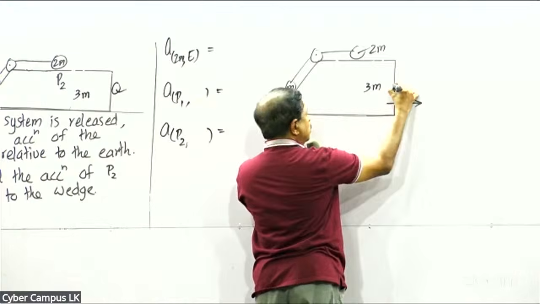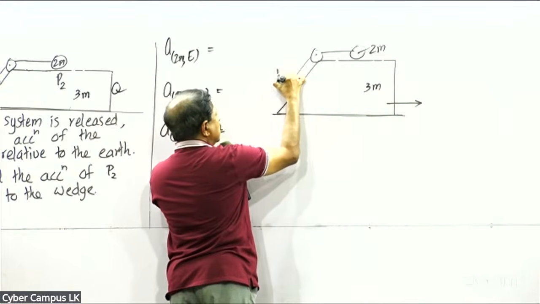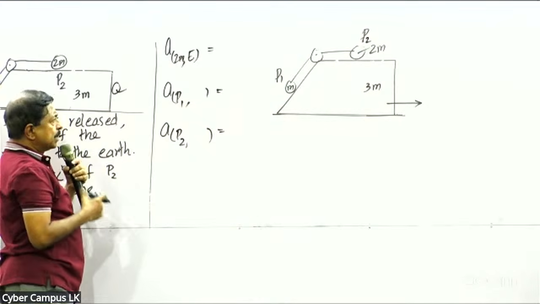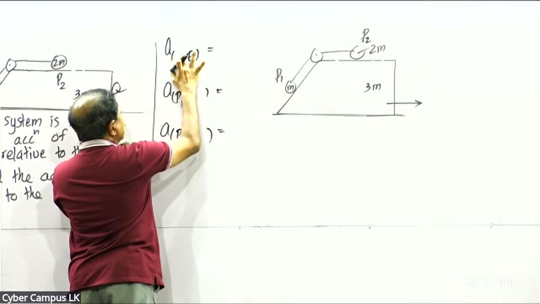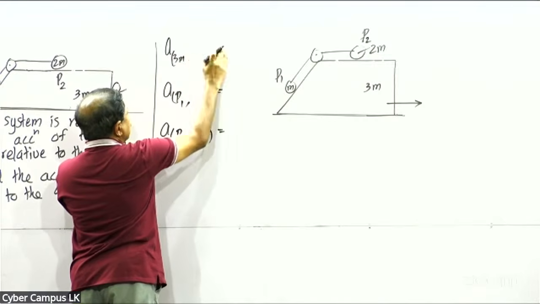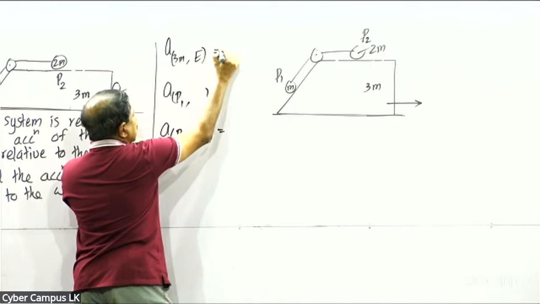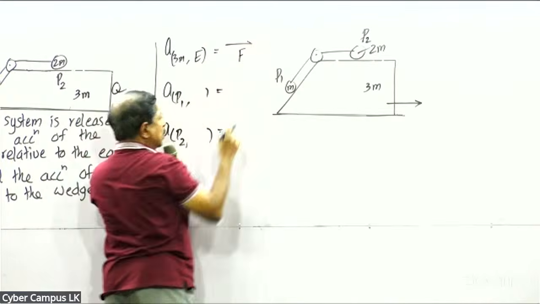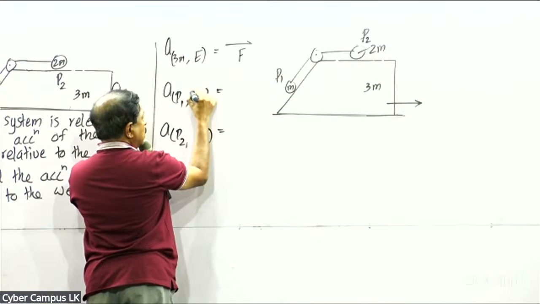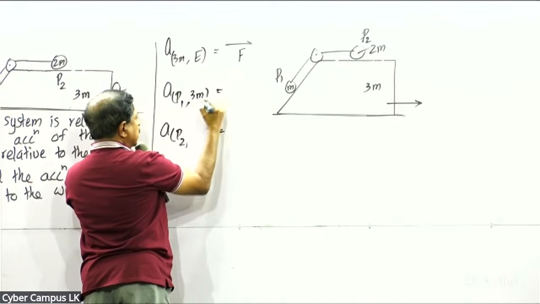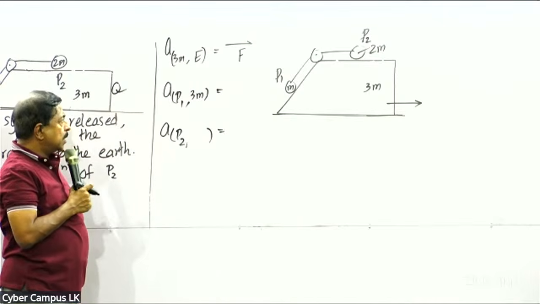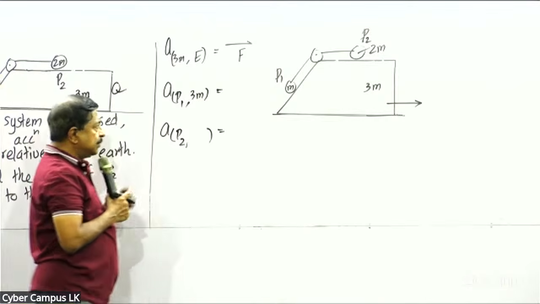And this is Q, or 3. We can treat it like that. Now, the acceleration of the wedge, 3m, relative to the Earth is this. If you want, you can name it as Q. Now, the acceleration of P relative to 3m. 3m is the wedge.